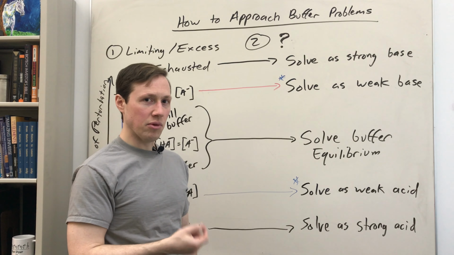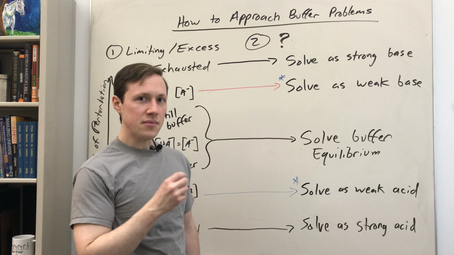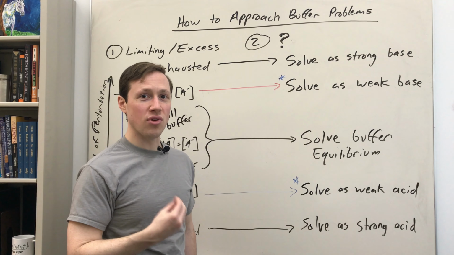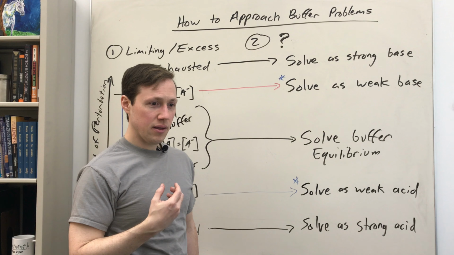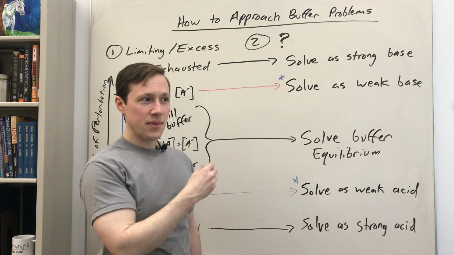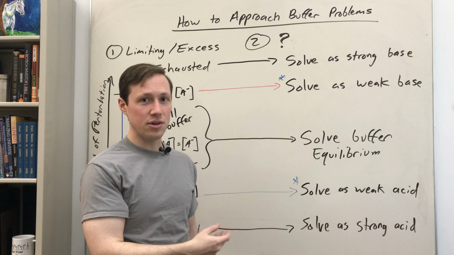The last thing I want to mention is you'll notice I was careful throughout this to talk about adding a strong acid or strong base to a buffer. It's of course possible in reality to mix together a strong acid with a buffer made from a different conjugate acid-base pair.